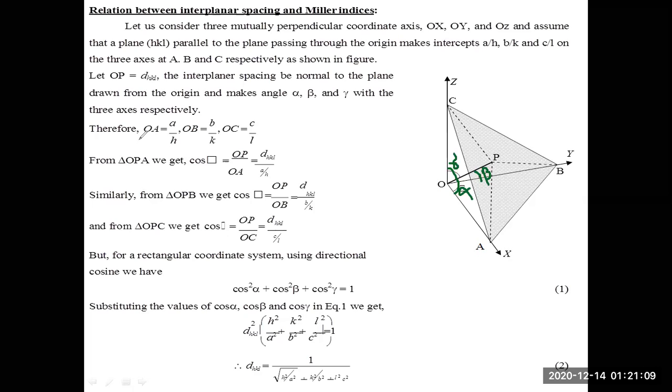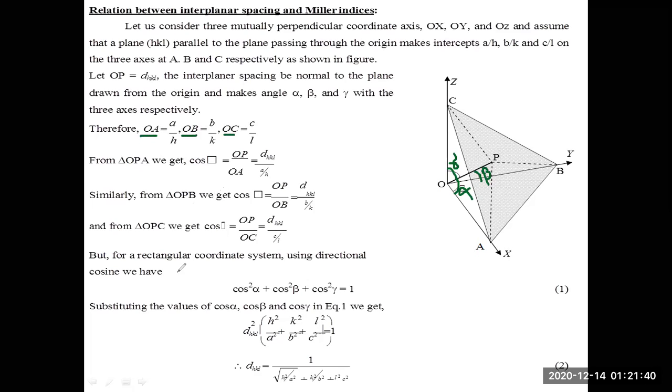It will make some intercept along OX, and that intercept is given by a by h. Therefore OA is equal to a by h, OB is equal to b by k, and OC is equal to c by l.